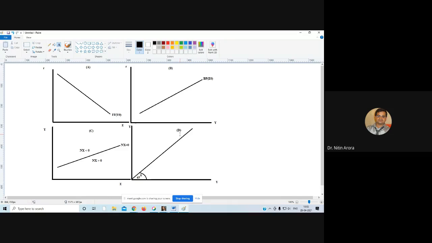See, we can observe that if there is some deficit in the current account, that deficit can be covered up with a surplus in the capital account, and so the balance of payment can be balanced.